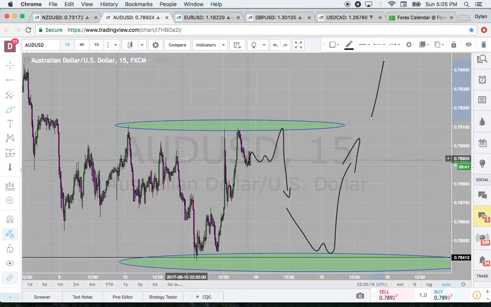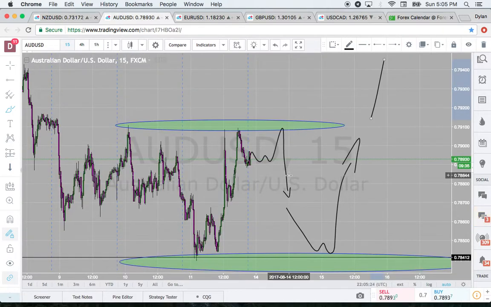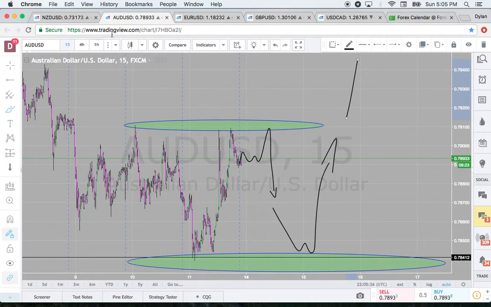This is exactly how I analyze, you guys. You're in my head right now, and hopefully you can pick up on the things that I see, so that you in turn can see them yourself.